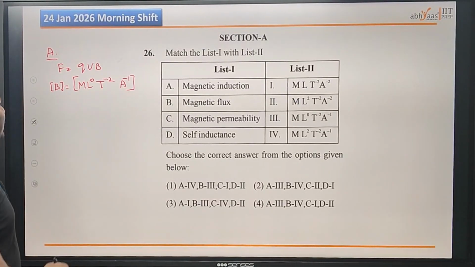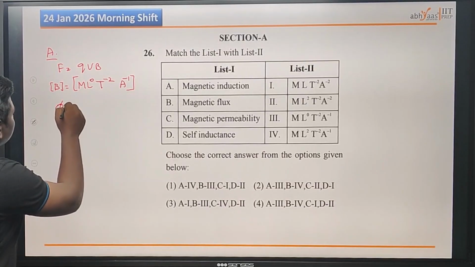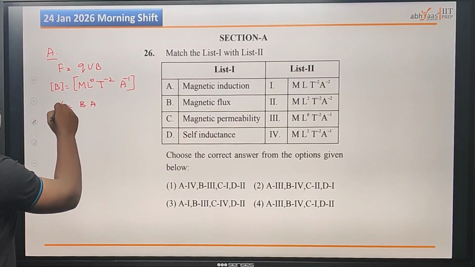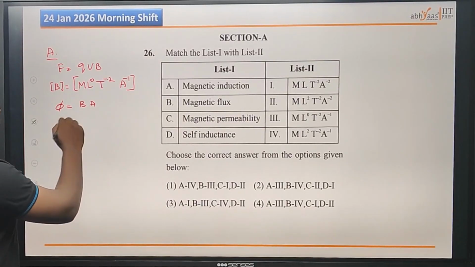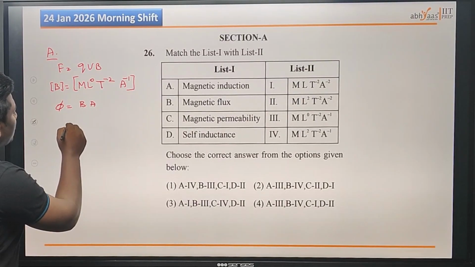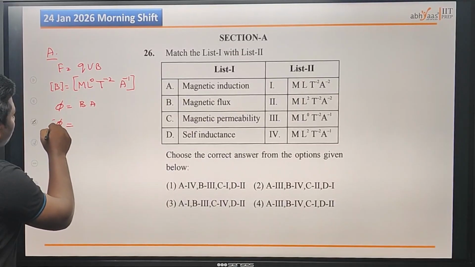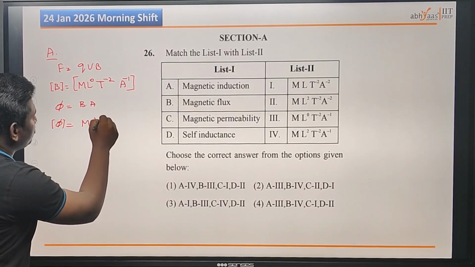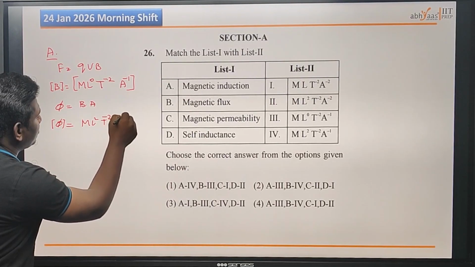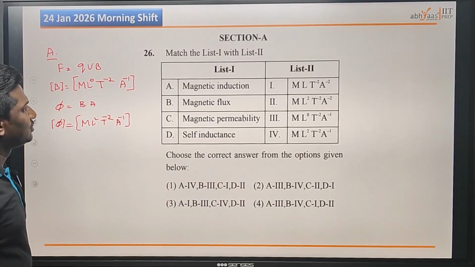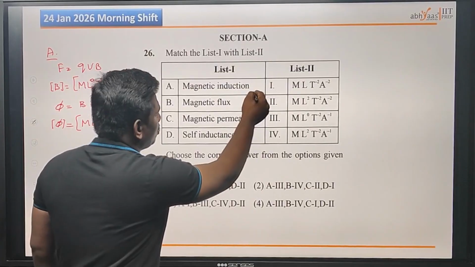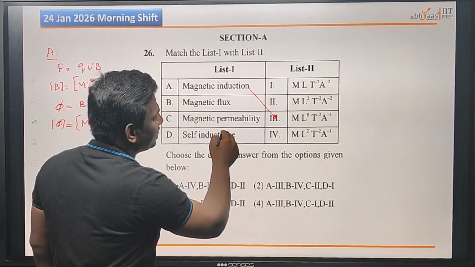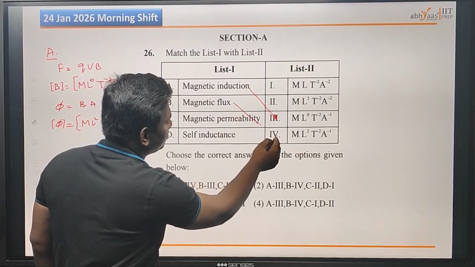What about magnetic flux? Magnetic flux can be written as phi equal to B dot A. So this is option B. See here, the dimensional formula for flux can be written as M L square T to the power minus 2 A to the power minus 1, which is option 4. So magnetic induction is option 3 and magnetic flux is option 4.